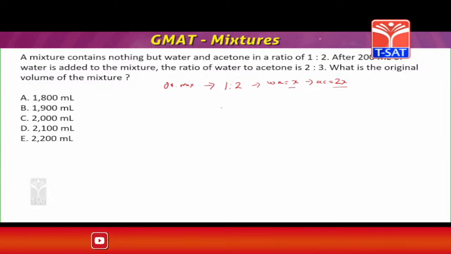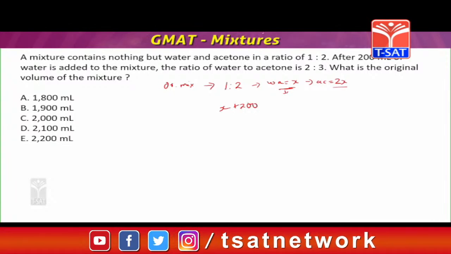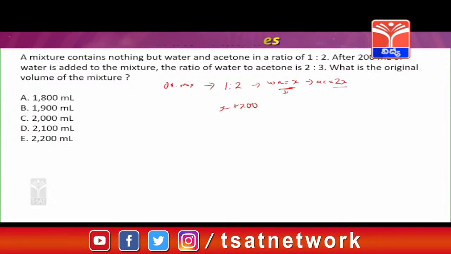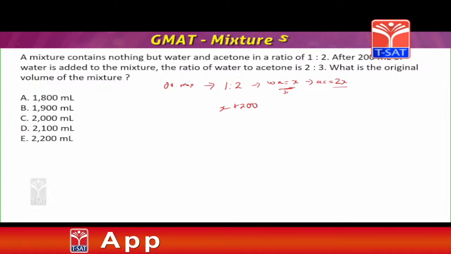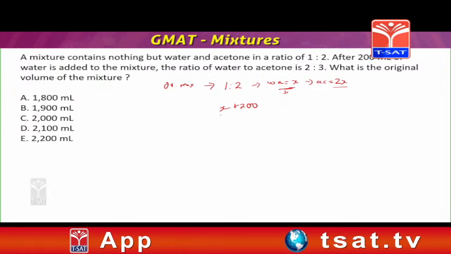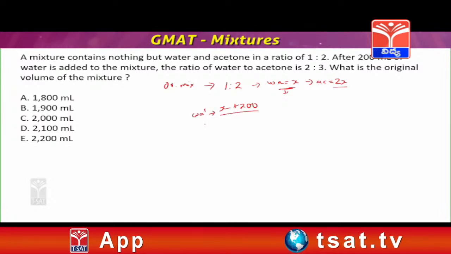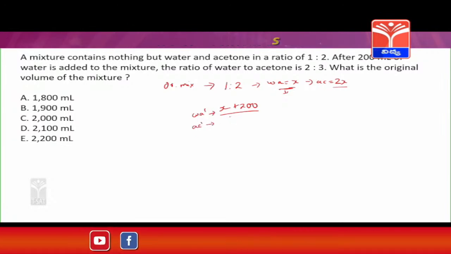So, to x, that is water, 200 ml is added, plus 200, and after this the ratio of water to acetone will become 2:3. So, x plus 200 is your new water, but your acetone will remain the same, that is 2x.